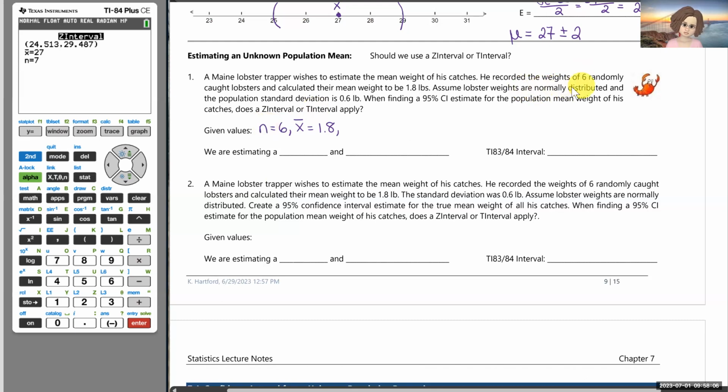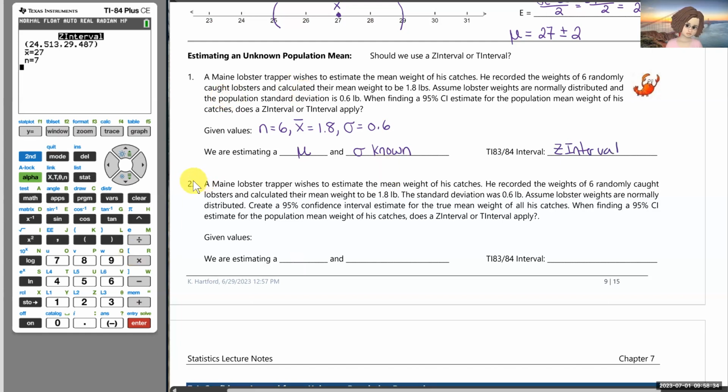So that's why that is given to us. And then they give you, assume the population standard deviation is 0.6. All right, so again, we're estimating mu. We'll learn to estimate another parameter shortly, but estimating mu, sigma known to us, population standard deviation known, so that would be your Z-interval.